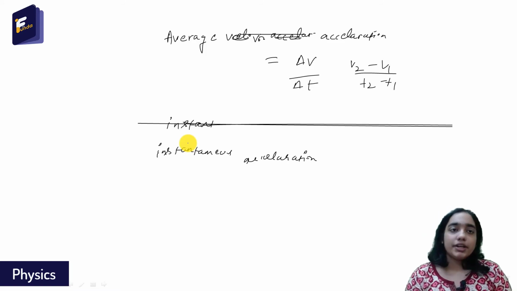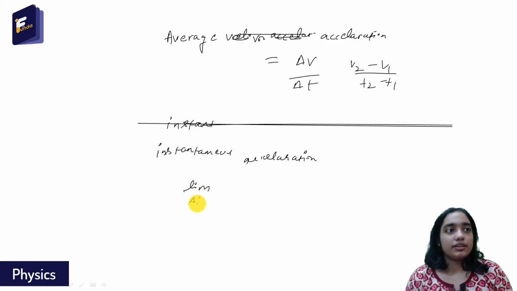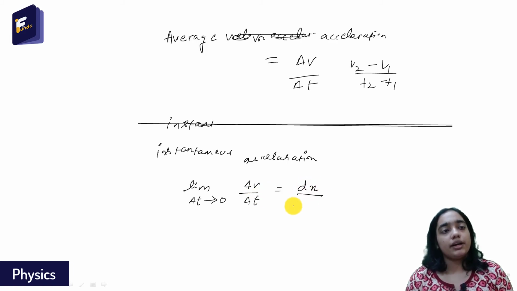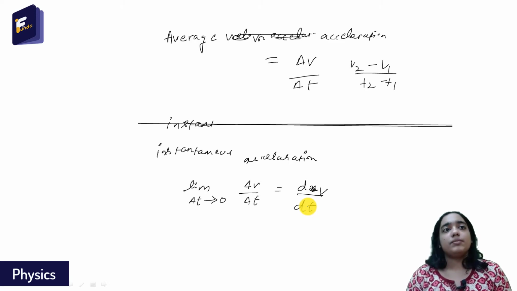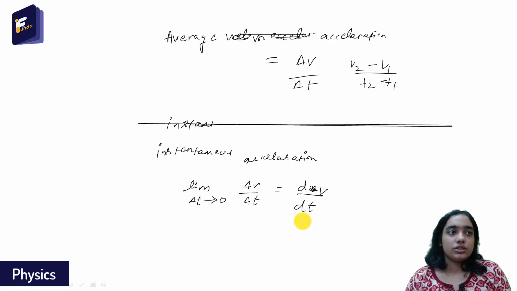So similarly, it is limit delta t tends to 0, delta v by delta t, that is dv by dt. So the instantaneous acceleration a is equal to dv by dt.